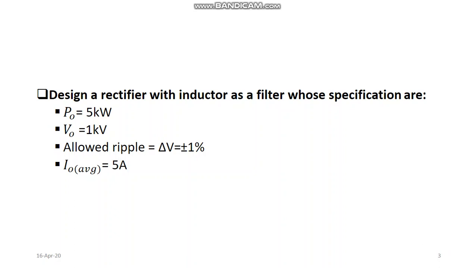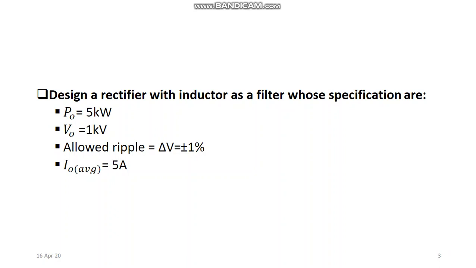Previously we discussed a capacitor as a filter, but now we are going to discuss an inductor as a filter, and these specifications are similar to those we used for the capacitor filter, so that we can compare the different values: the peak value of the current passing through the diode, its RMS, its average value, the power factor of the system, and the voltage ratings for the same rectifier design, now using an inductor instead of a capacitor filter.